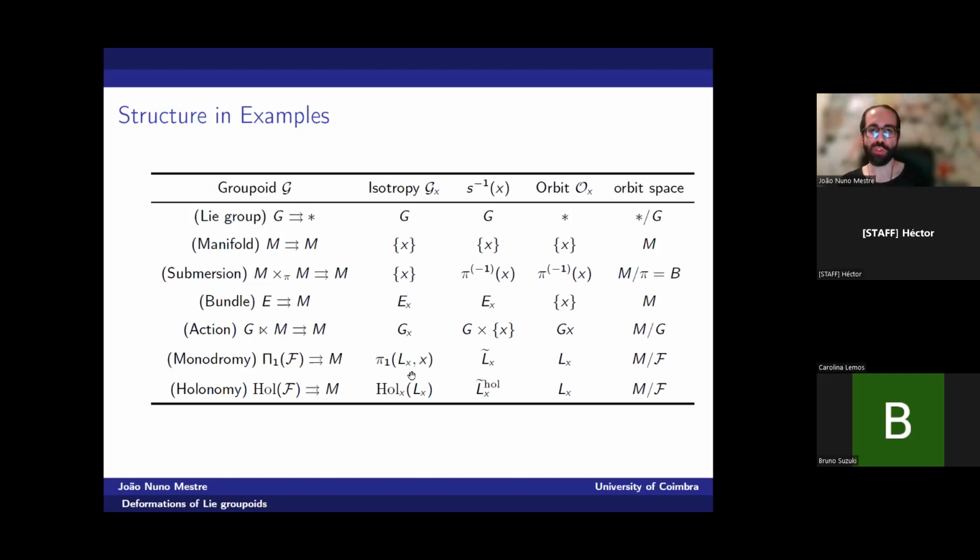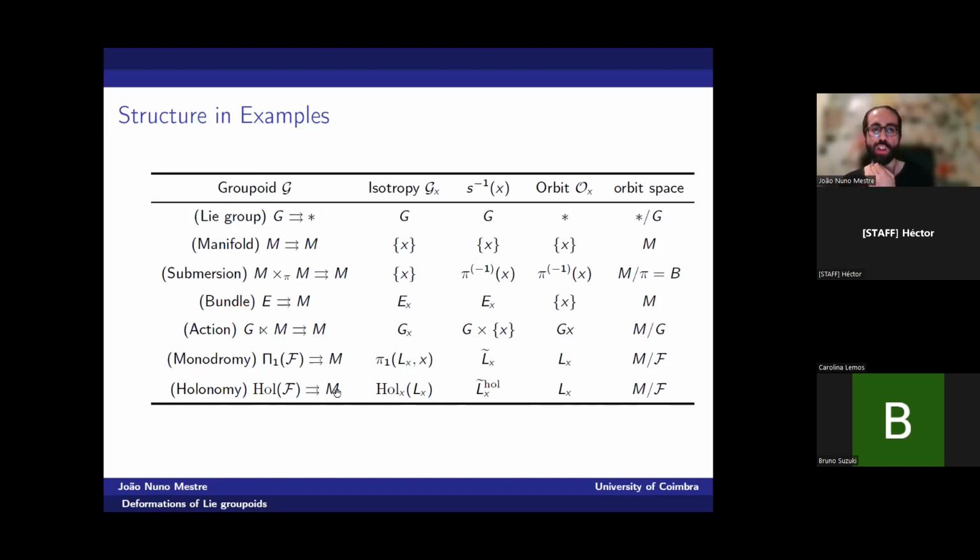While for foliation groupoids, the orbit spaces are the leaf spaces, the orbits are the leaves of the foliation, and here we have different principal bundles over the leaves, depending on which groupoid we take. If we take the monodromy groupoid, then the source fibers are the universal cover of the leaves, and the isotropy groups are the fundamental groups of the leaves.